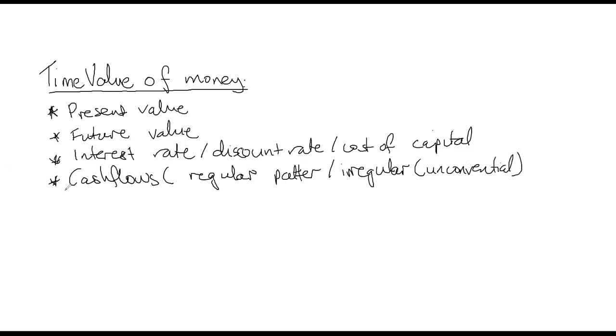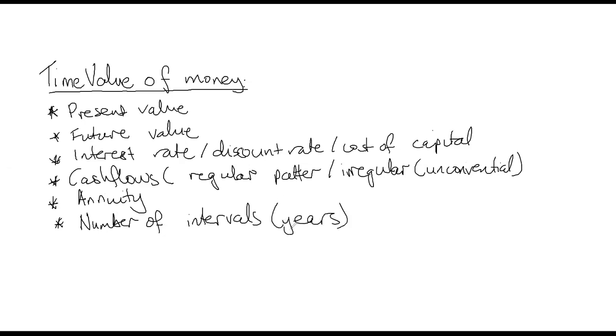And then I am also going to explain what we mean by an annuity. I think these are the key things. And also I'm going to explain what we mean by number of intervals. Number of intervals is usually in years. I'm just going to take you through some of these definitions and also time value of money. I'm going to take you through each of these.